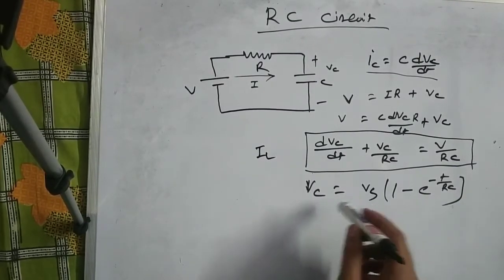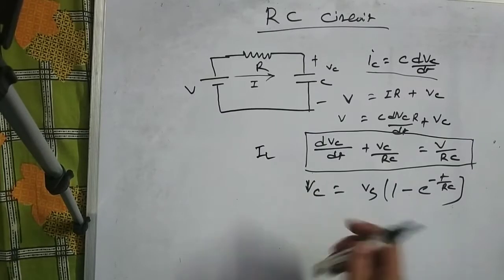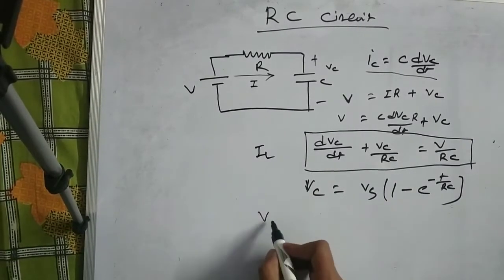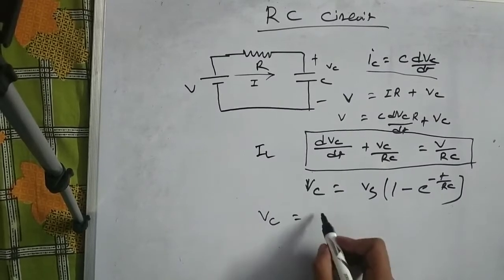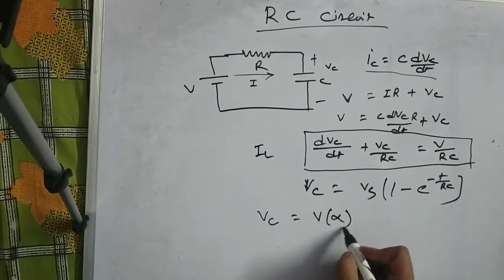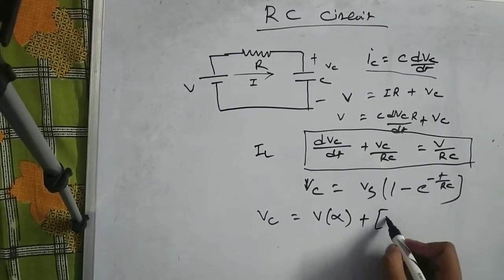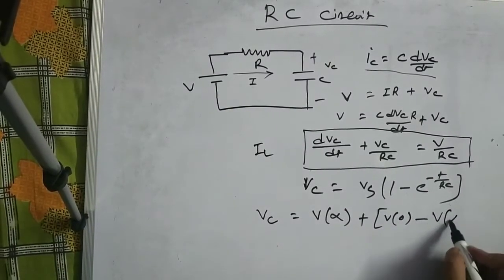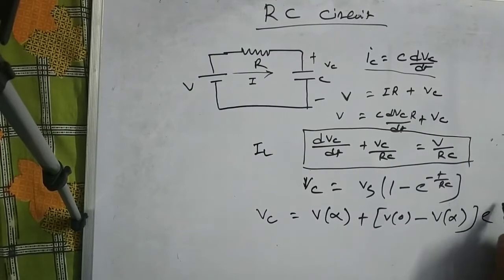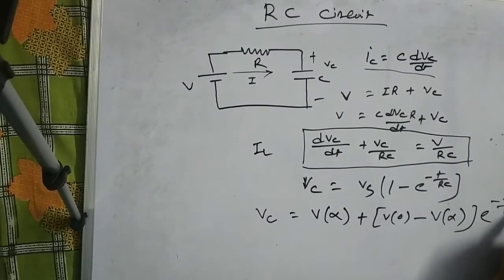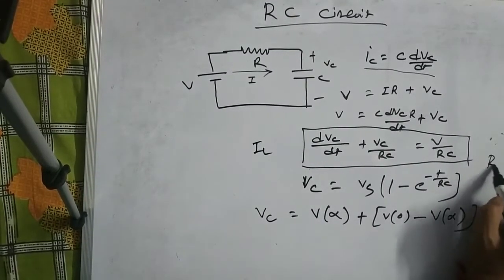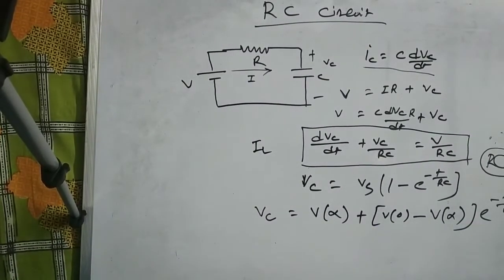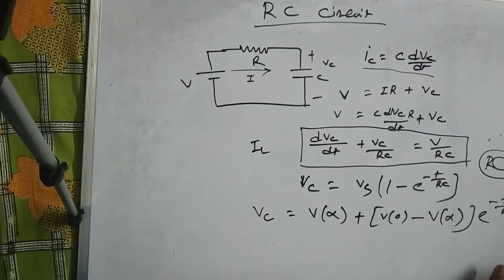We have written a formula for the inductor current. That same formula will be applicable here. The capacitor voltage will always be V infinity plus V at 0 minus V infinity, into e to the power minus t by RC. This RC value is called the time constant of the circuit.